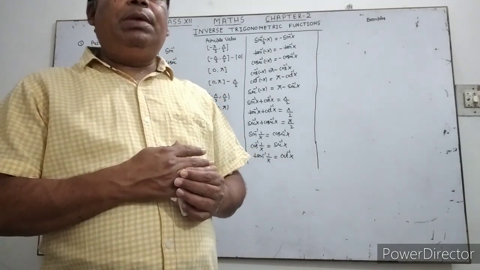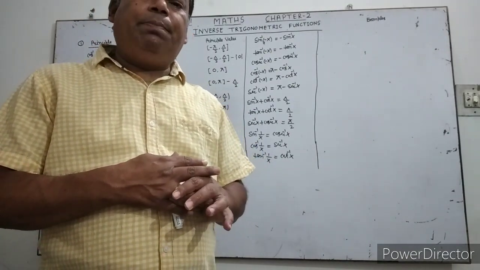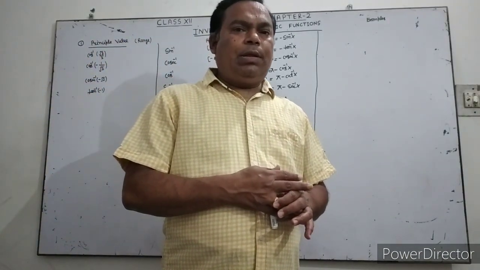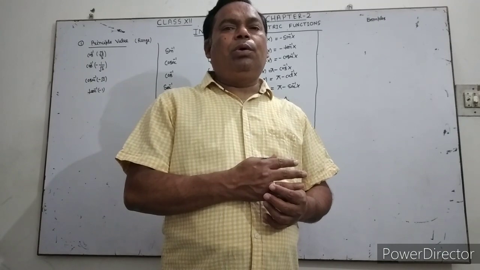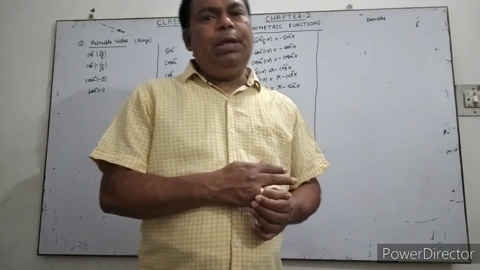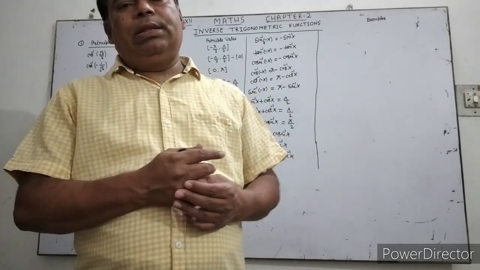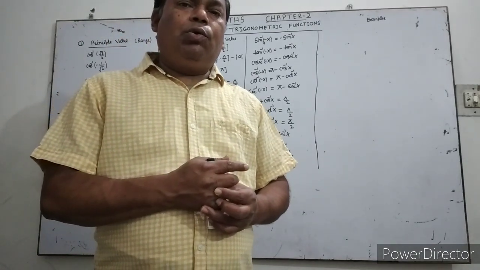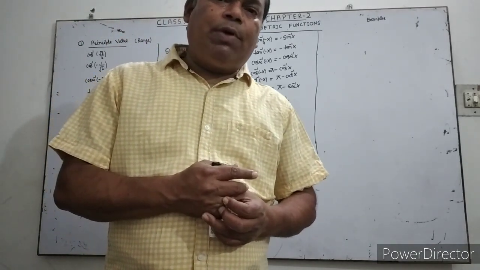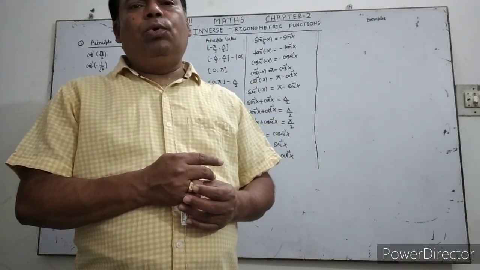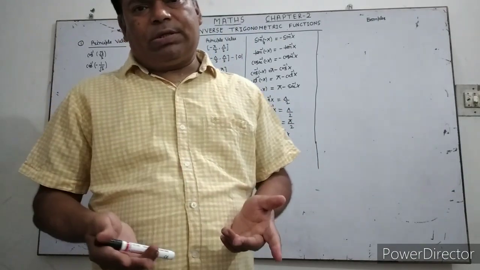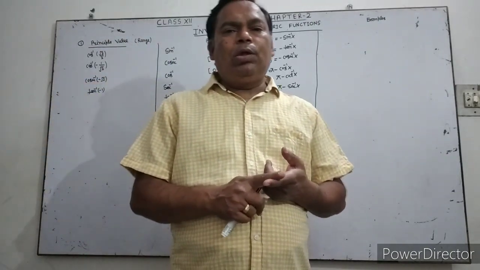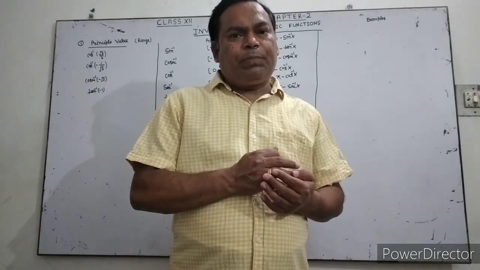Onto function: every member of the codomain has a pre-image in the domain. Any function which is one-one and onto, then it is the inverse function. If any function is one-one and onto, then it has an inverse function.